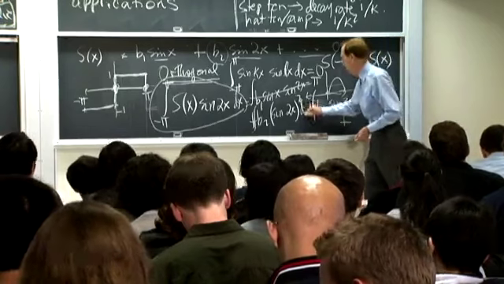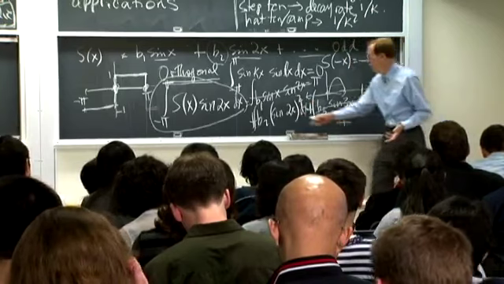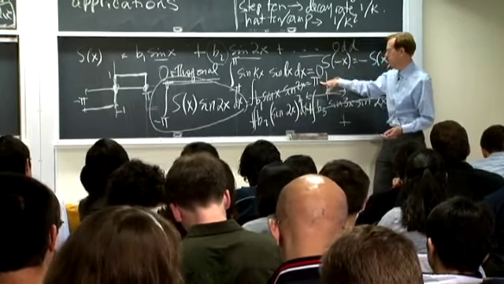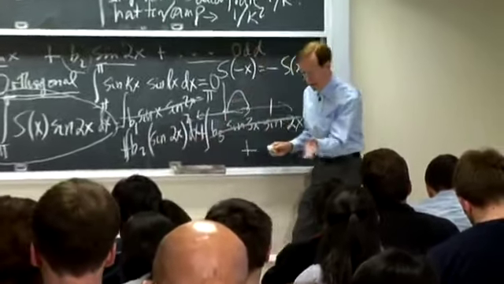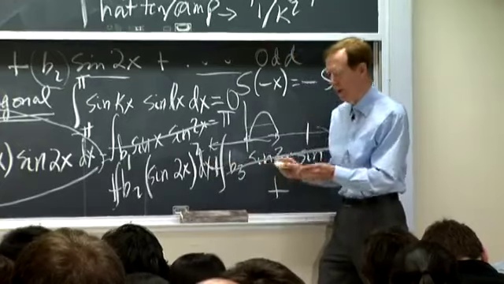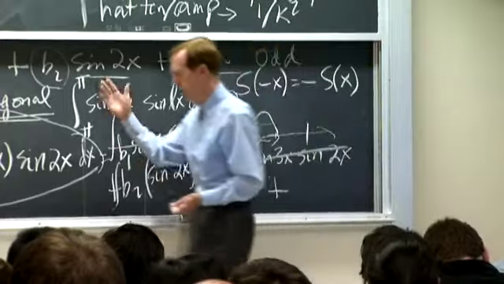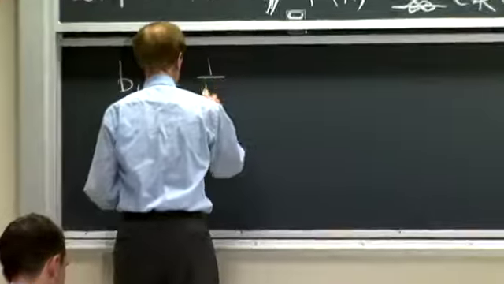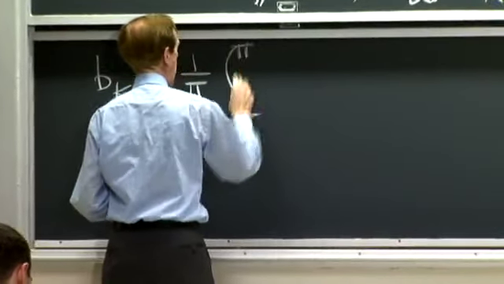I've integrated that, and what did I get? That was pi. So B2 comes out, multiplying the integral of sine squared 2x, and that's pi. So that's B2 times pi, and I just divide by pi, and I get the integral from minus pi to pi of my function times my sine.